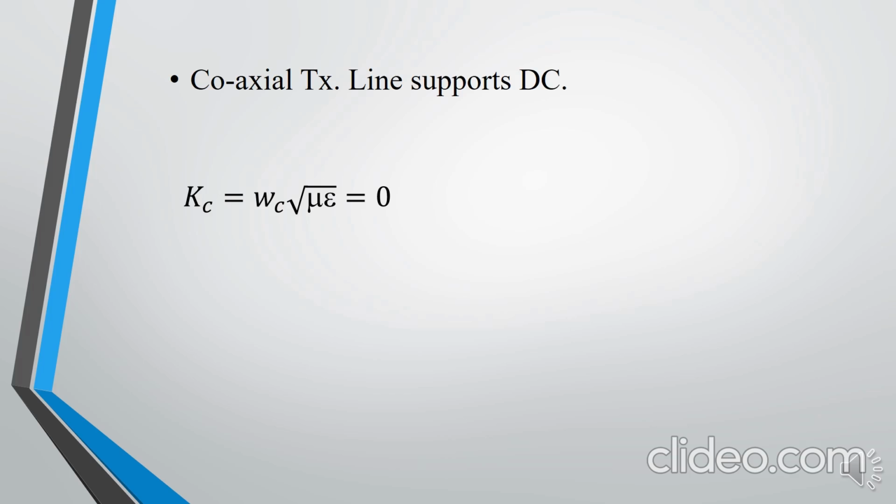As coaxial transmission line supports TEM mode, that's why it can also support DC. Therefore, an input signal that contains a DC signal component can also travel through coaxial transmission line, right?